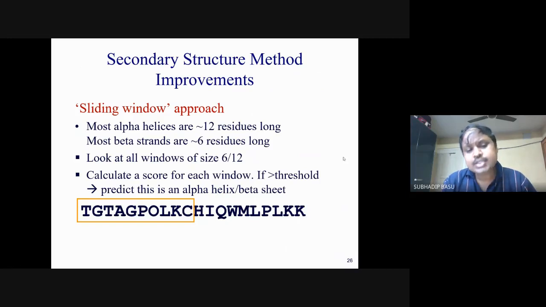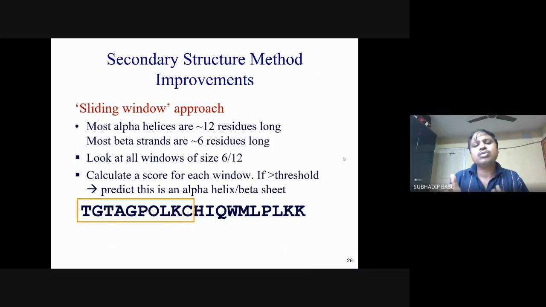It's not easy to predict about a specific amino acid and its corresponding secondary structure. As you can see, when we talk about alpha helix, there are usually 5 to 10 residues in continuous. Most alpha helices are around 12 residues long. Most beta strands are around 6 residues long.